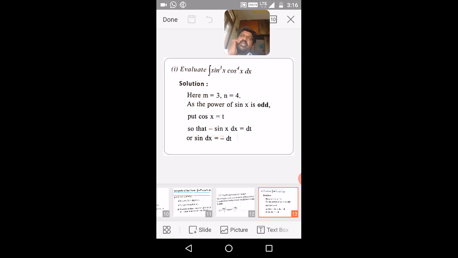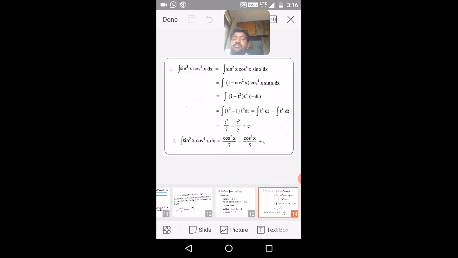I already told you, if one power is odd and one is even, the trigonometric function having the even power should be substituted with another variable. So here cos x has the even power, therefore put cos x equal to t, and then differentiate with respect to x. You will get minus sin x dx equal to dt, or finally sin x dx equal to minus dt. Then all these should be substituted in the given integral.